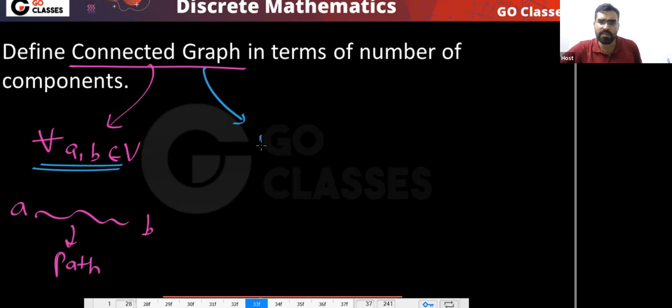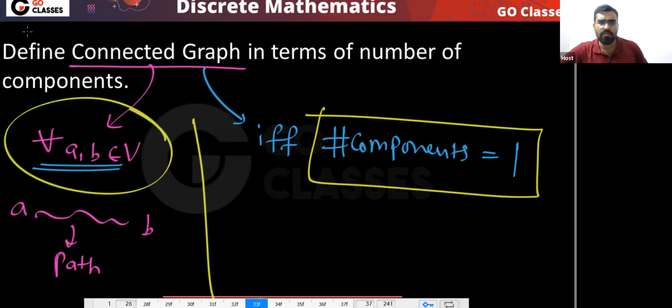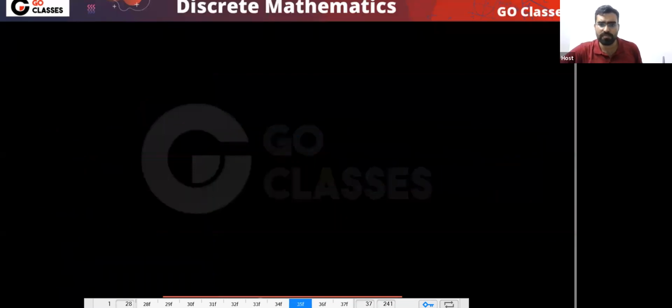A graph is connected if and only if the number of components is one. Very simple. These are the two definitions. One definition is for all pairs of vertices, whatever two vertices you take, there should be a path between them. Or I can say the number of components is one.